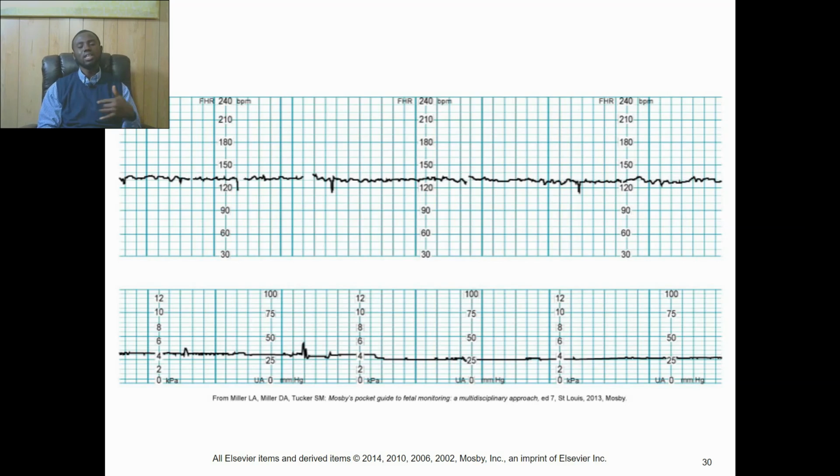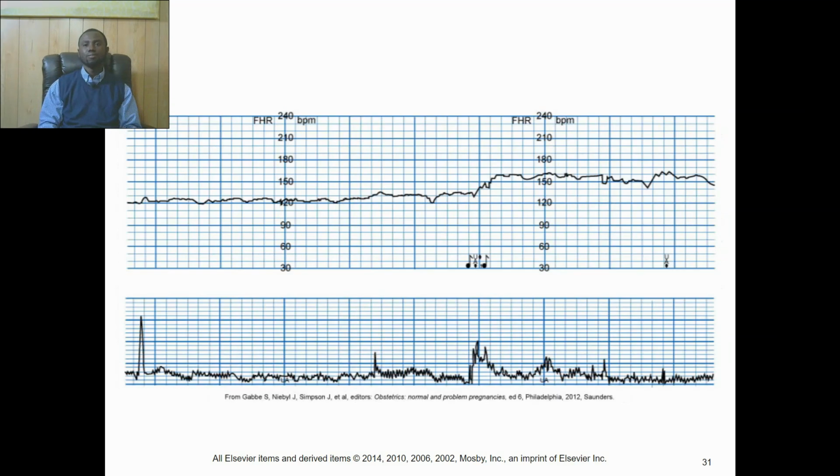So it's basically the opposite of a reactive test. And you can see on the slide where there is no reactivity, because this heart rate is still hovering around 130, and so there is no actual increase in the heart rate.